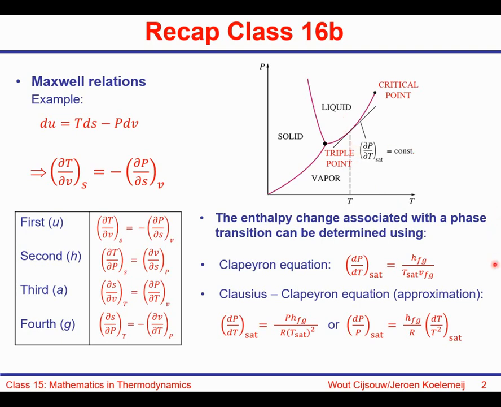And we also saw that we could simplify the Clapeyron equation a bit by getting rid of the specific volume, which is actually the difference in specific volume between the two phases during the phase transition. And making a couple of approximations, we got this slightly simplified expression, the so-called Clausius-Clapeyron equation.